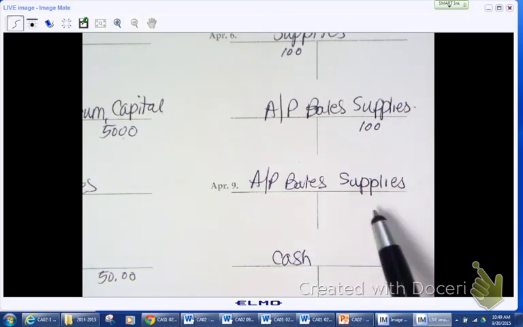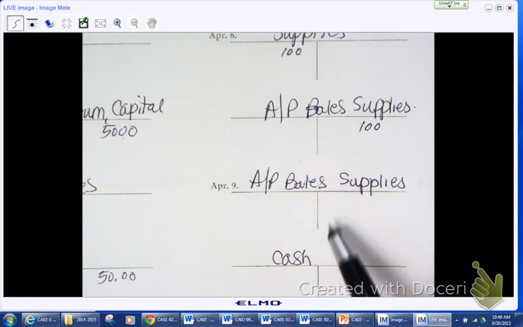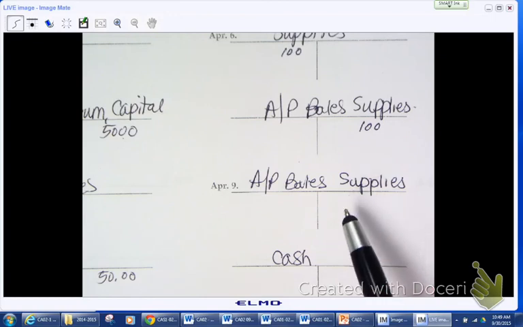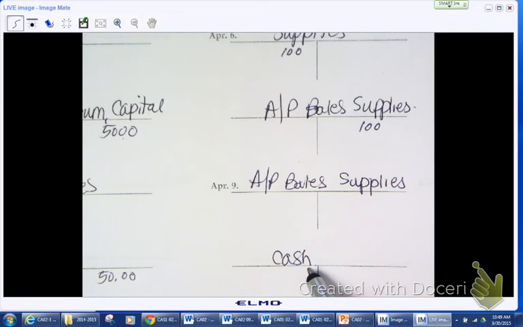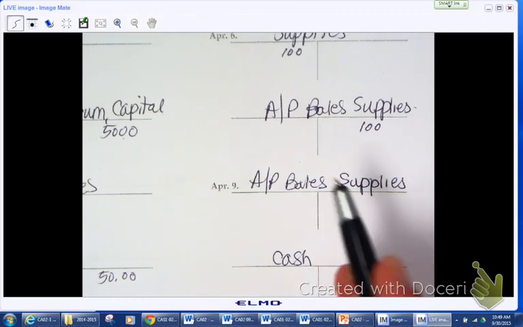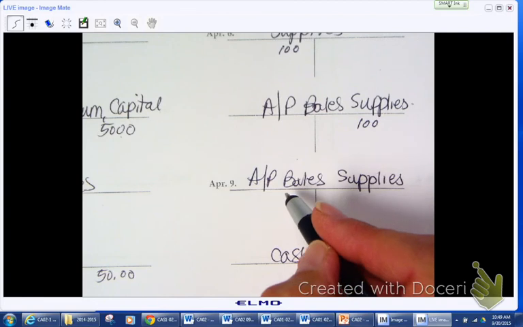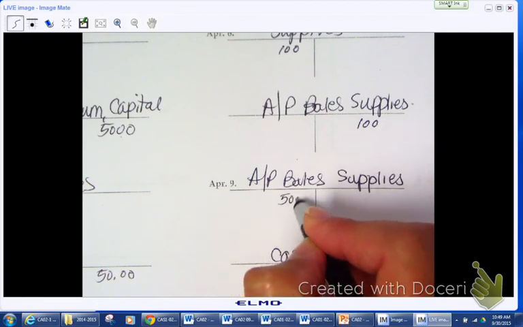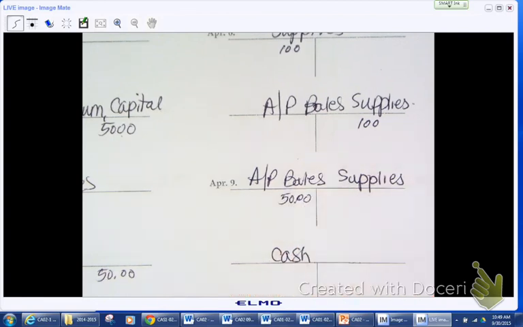Accounts payable, Bales Supplies is a liability, and cash is an asset. What is happening to our accounts payable? We know that it is decreasing, and we know that our cash is decreasing. If we follow our rules of debits and credits, we must have one debit and we must have one credit, and this makes sense because if both of these accounts are decreasing, we're going to decrease our liabilities on the debit side, and we're going to decrease our cash on the credit side.